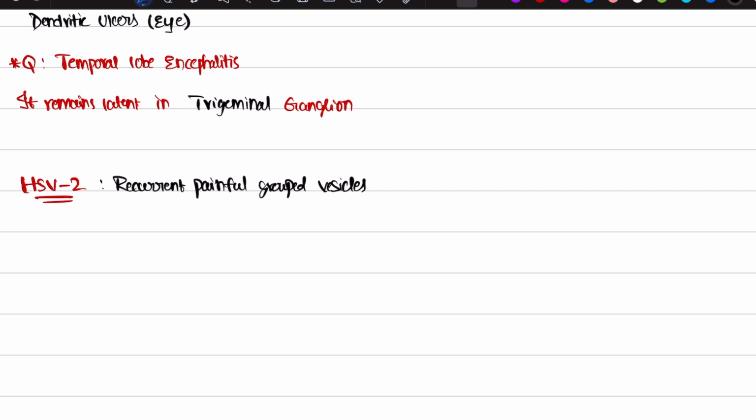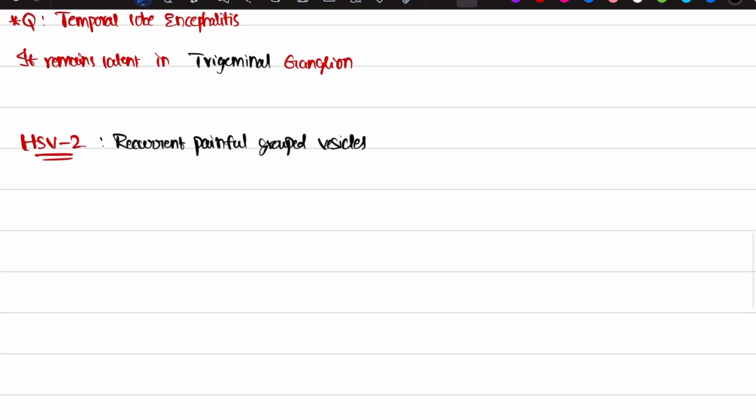This one also has recurrent, painful, grouped vesicles. Okay. So where we are going to see these lesions? For HSV type 1, I already told you these lesions are seen above the waist, but in HSV type 2, these are genital ulcers. Okay. We are going to see them below the waist.